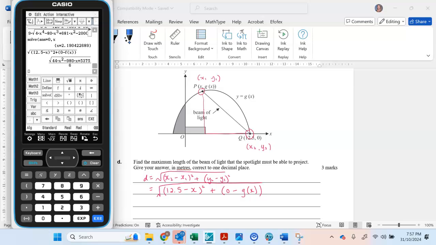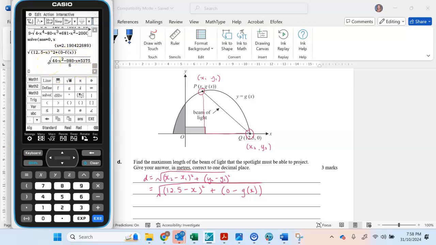I wouldn't copy that down, just because I know it's worth 3 marks. I think a lot of this is done on the calculator, so we can't really put too much down, because it's a waste. I think what we've got written there is enough for the distance formula instead of copying all this down.